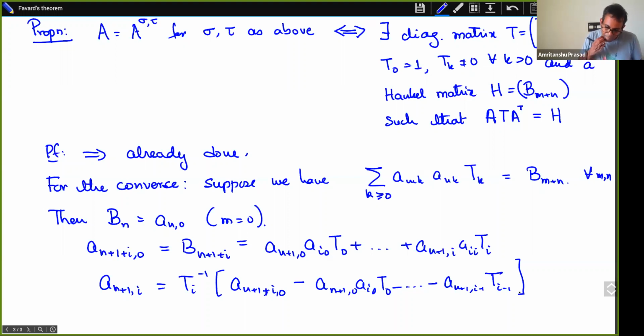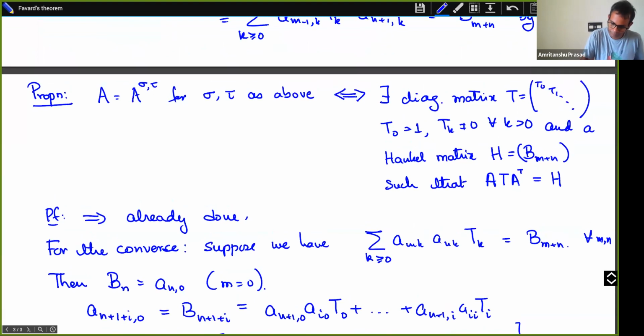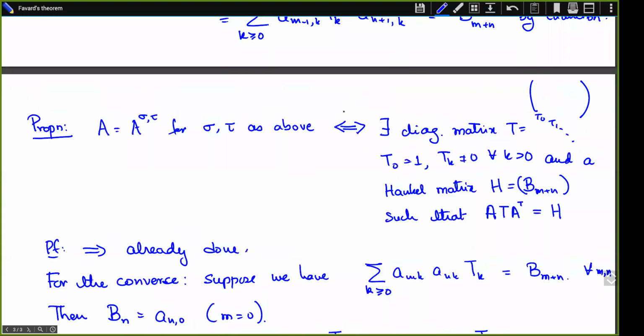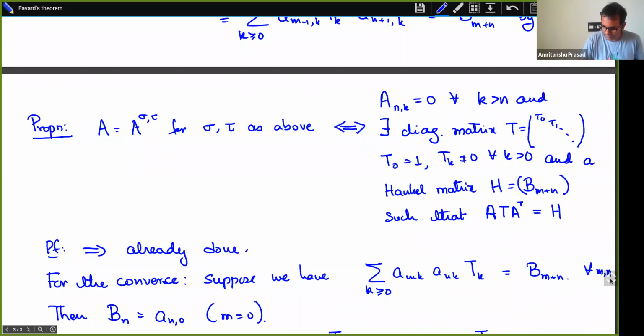Yeah, I need to assume that A is lower triangular. Yeah, thanks. That's definitely needed.